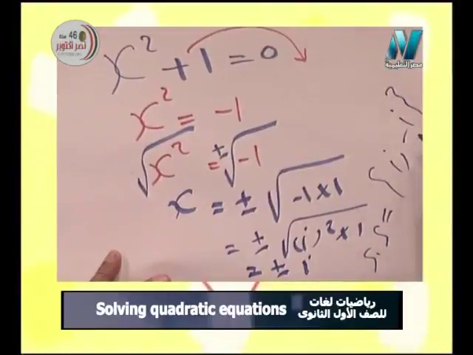i and negative i are two complex numbers. Okay? We have learned numbers in complex numbers, and for the solution set of a quadratic equation, notice that each number will be the conjugate of the other. Look here.